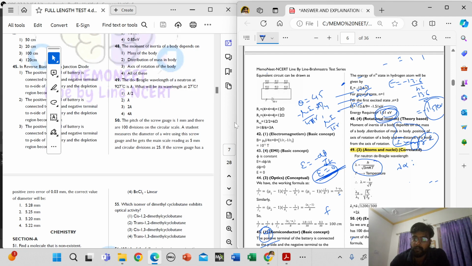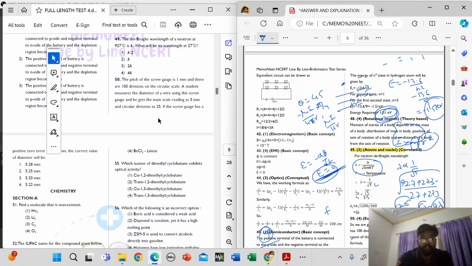So lambda is inversely proportional to the root of T. So lambda 2 upon lambda 1 is equal to root T1 upon T2. We can convert 927 into Kelvin by adding 273, and 27 plus 273, then we get 1200 upon 300. The root of 4 is 2, so the answer is 2 lambda. The option 2 lambda is correct.